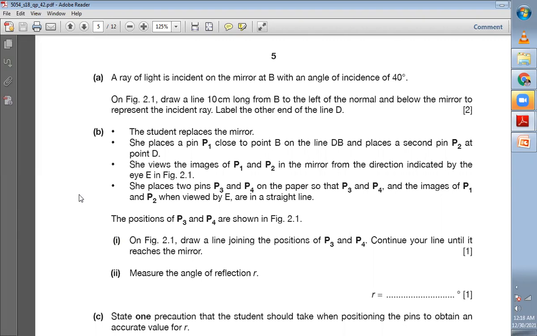And she places 2 pins P3 and P4 on the paper so that the P3 and the P4 and the images of the P1 and P2 when viewed by E are in a straight line. The position P3 and P4 are shown in the figure 2.1. On the figure 2.1, draw a line joining the position P3 and P4. Continue your line until it reaches the mirror.